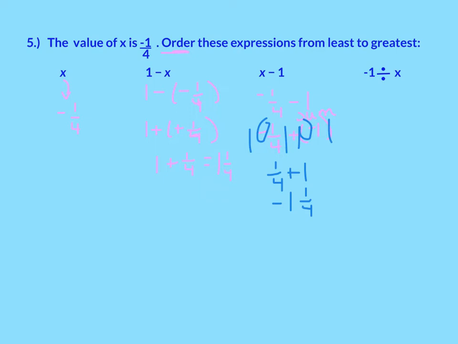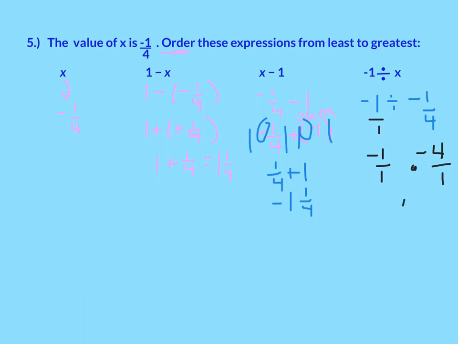My last one I have is negative 1 divided by negative 1/4. Ah, math Macarena. Yay! Put this over 1. Keep the first. Flip the second. Now you multiply. Keep the top with the top and the bottom with the bottom.